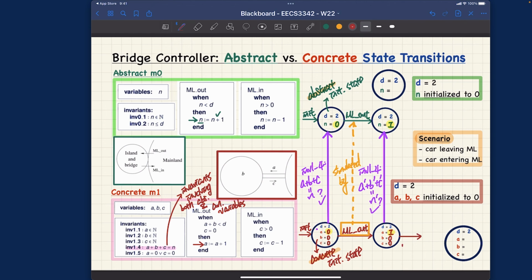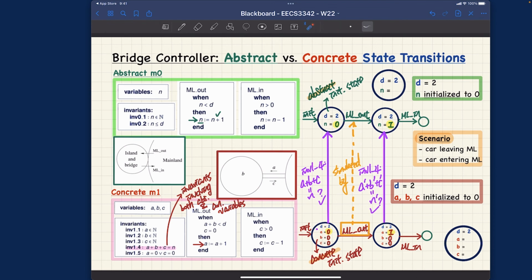So this will be MLN. Okay, and then over here I can also have MLN. Right, so this will be the abstract version, this will be the concrete version. And of course, they're going to have some resulting states over here and also some resulting states. Can you apply the same reasoning as I did before?